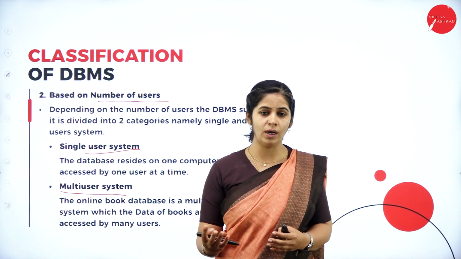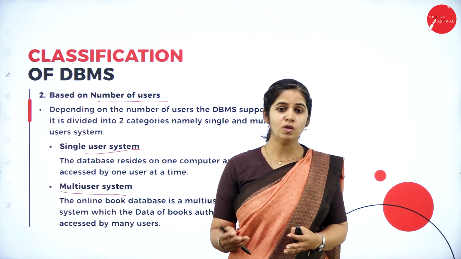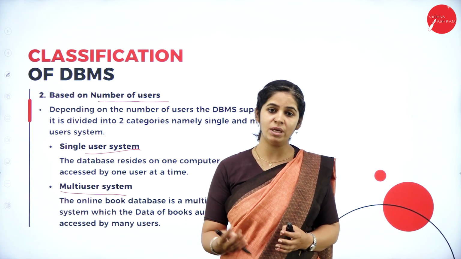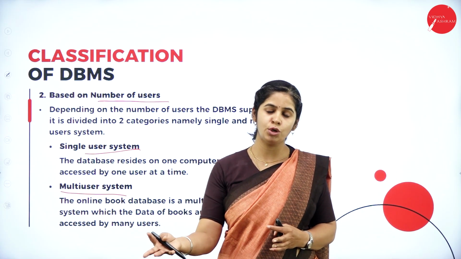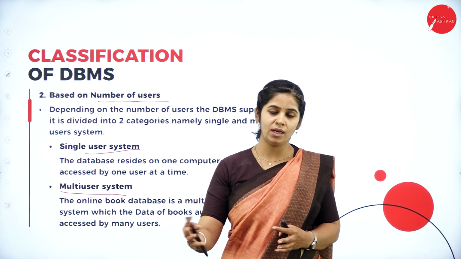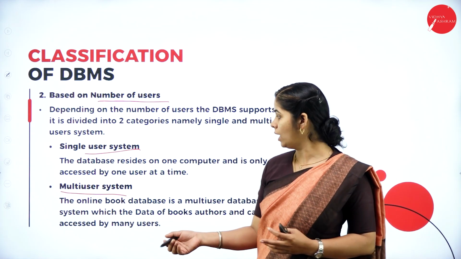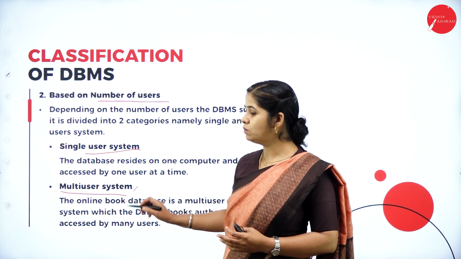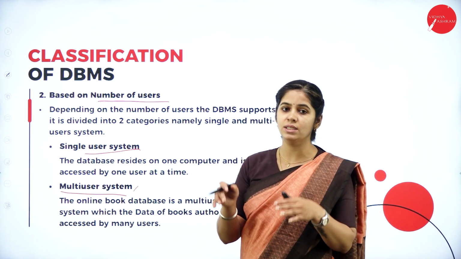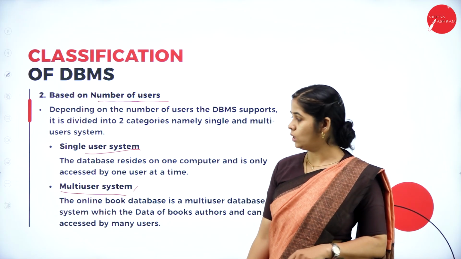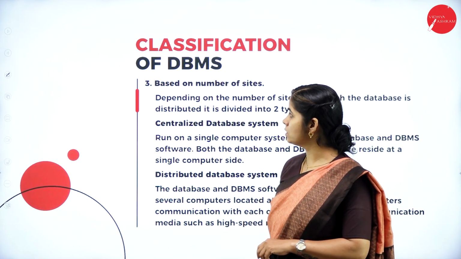Anything that you do online is multi-user, because you are not restricting the database to yourself; it is distributed. You are sharing the data with many others. When many users are using the same database at the same point in time, it is called a multi-user database management system.